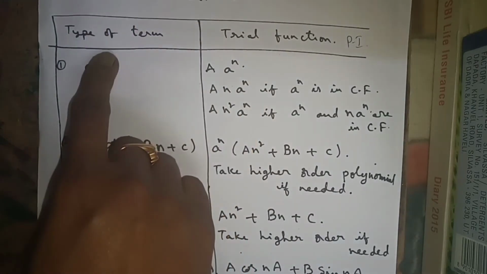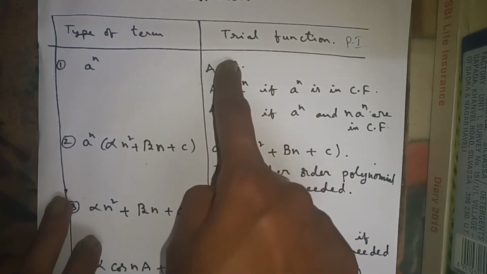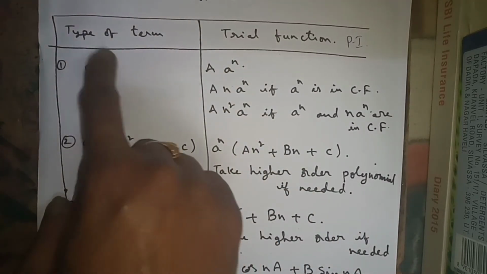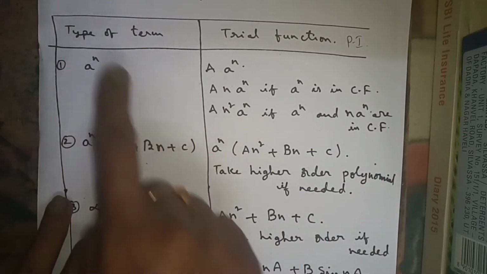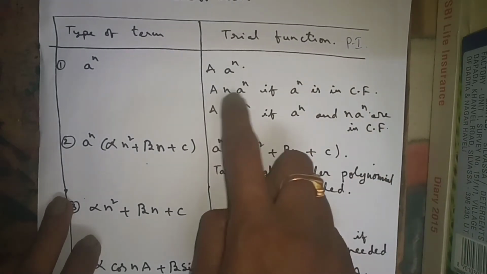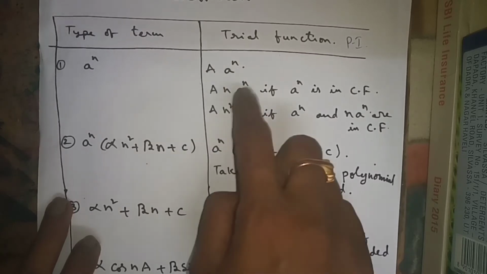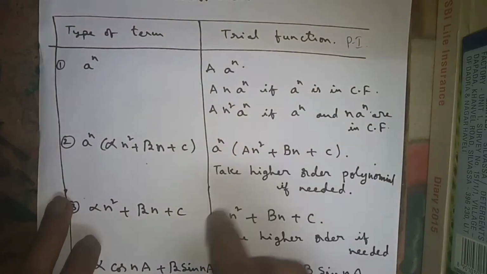Now, if only simply a to the power of n is in the RHS, this will become the particular integral. But if a to the power of n is in the RHS as well as the CF contains a to the power of n, then a to the power of n is the particular integral.